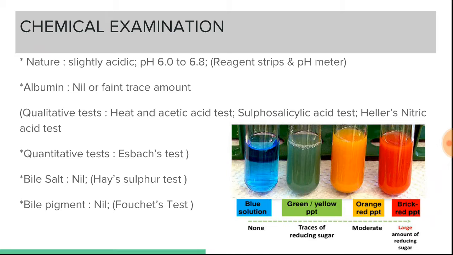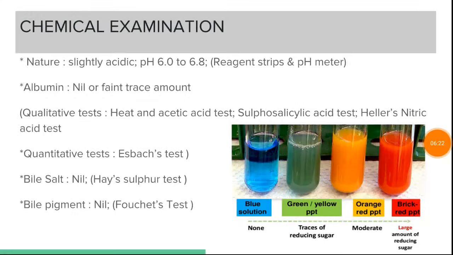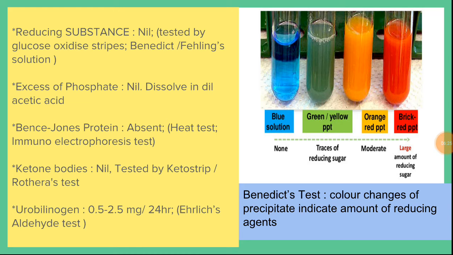Bile salt is generally not present, and it is examined by Hay's sulfur test, a very popular test. Bile pigment is generally absent. This test is done by Fouchet's test. Reducing substance, generally nil.